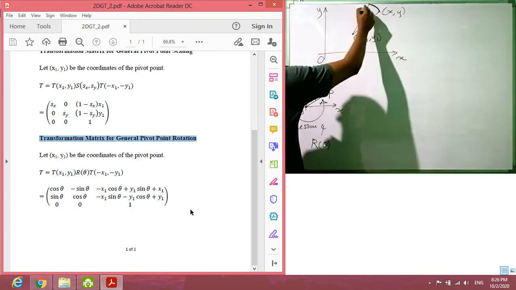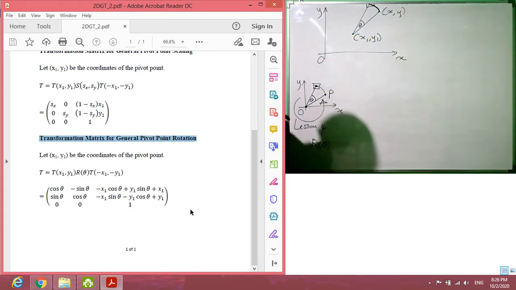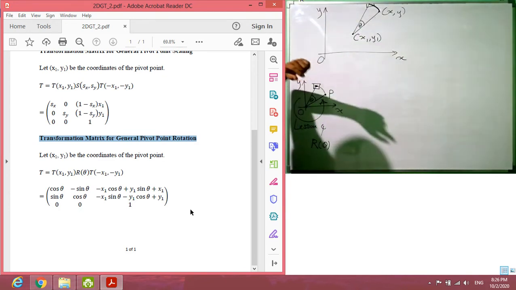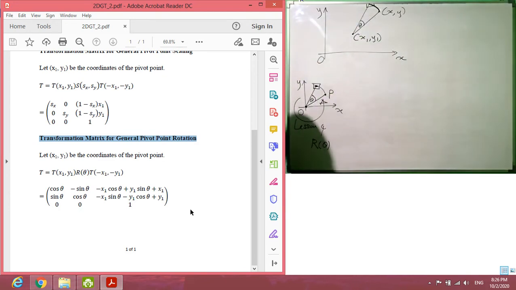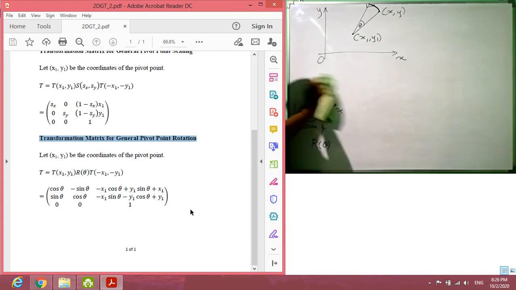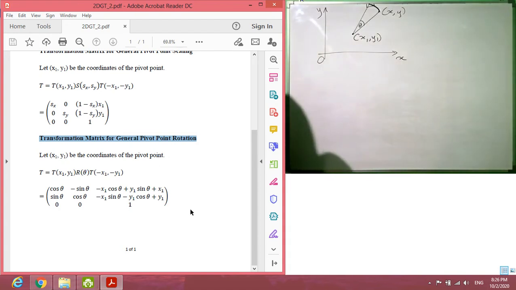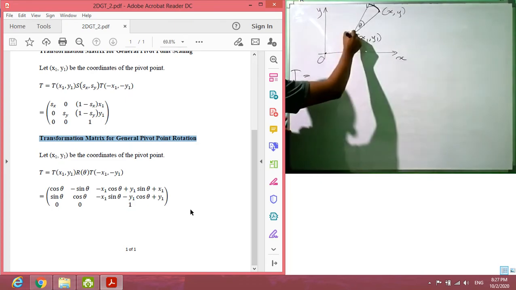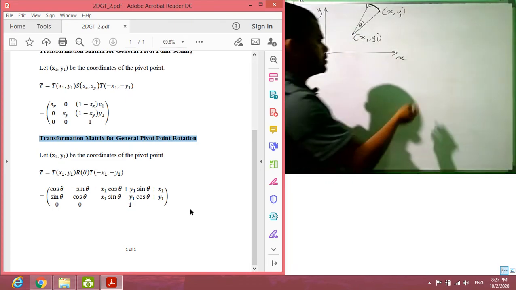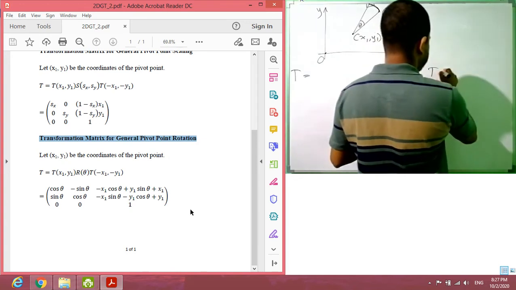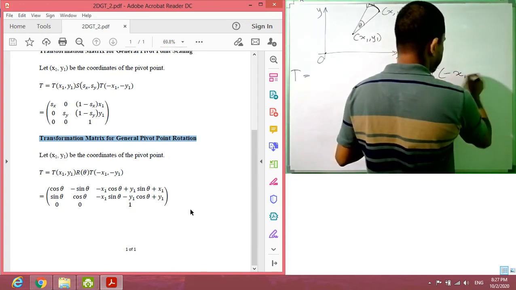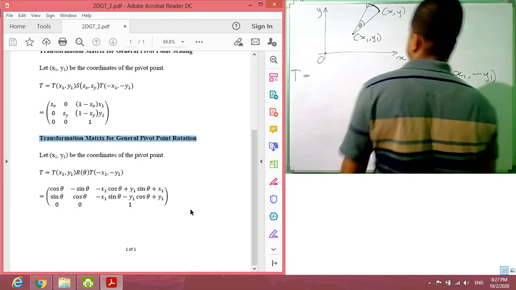We have to find the coordinates of this point. So what is the composite transformation matrix? In order to do that, first we have to get the origin here, so we translate by minus x1, y1.